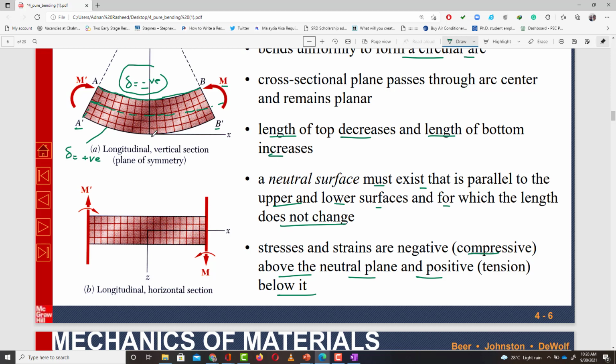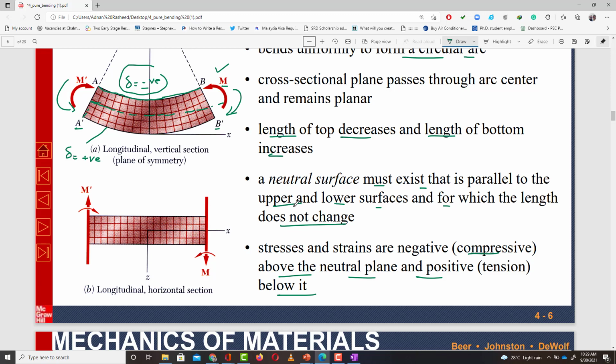And the strain below the neutral axis is positive, so the stress will be positive. But this is true for this type of loading. If you reverse the loading, it will be vice versa. The upper portion will be in tension and the lower portion will be in compression. I hope you have got this point.